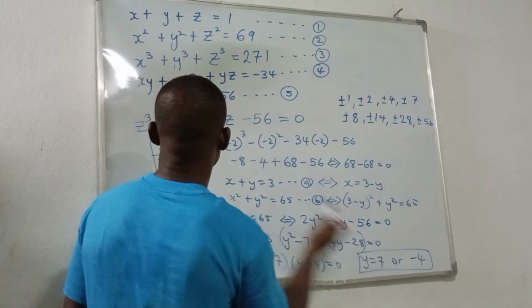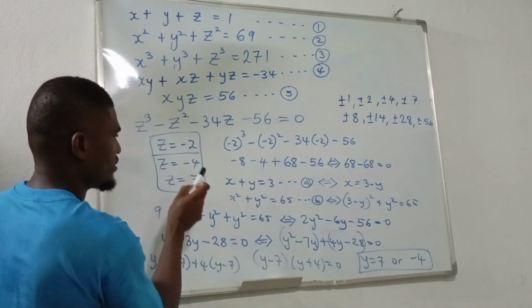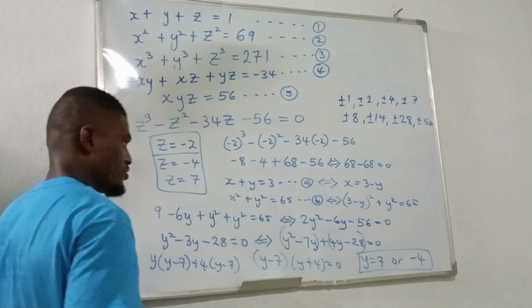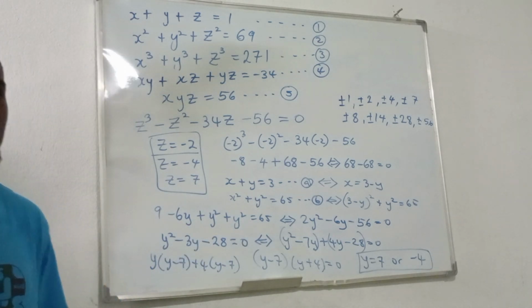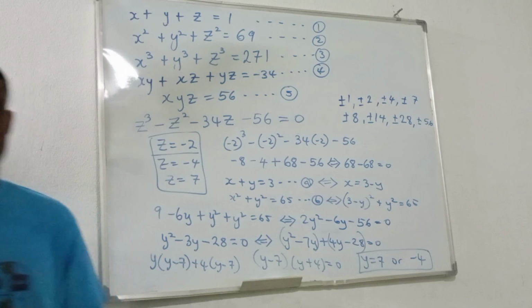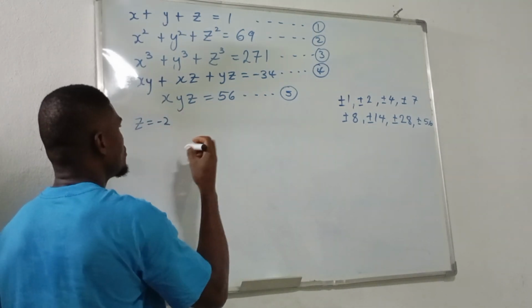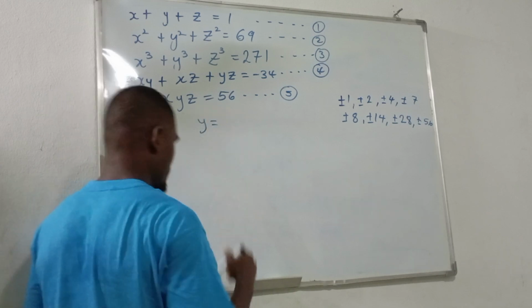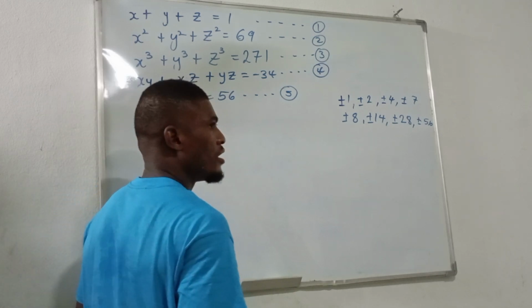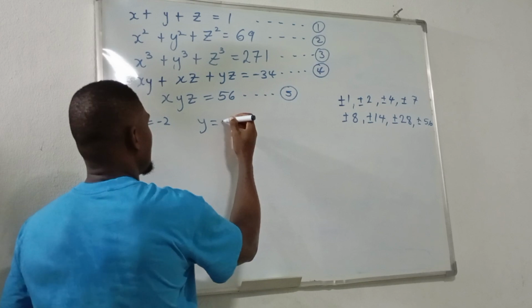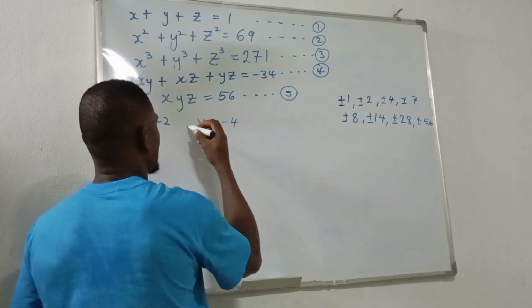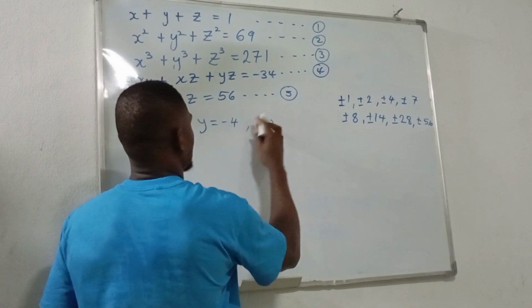Now, this corresponds with the values of x here, minus 4 and 7. So that's pointing towards a particular statement there. Alright, so based on what we've done, z is negative 2, and then y has two values, which are negative 4 and 7. So let's say y is negative 4. Now, what's going to be the value of x?